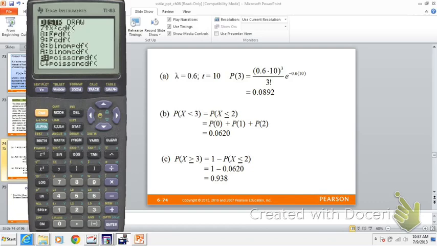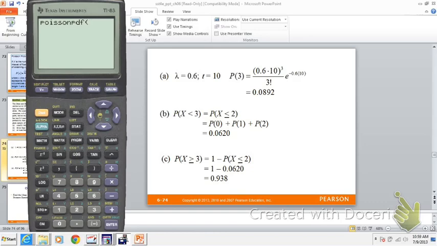Now this is Poisson PDF, because it's not cumulative. You're looking at one discrete event. This first one here is a PDF, the probability of exactly 3 insect fragments. So let's key it in. Let's see how they get that 0.0892, just trying our calculator. So you would have your Poisson PDF, and then the way the calculator wants you to put it in is mu comma x.